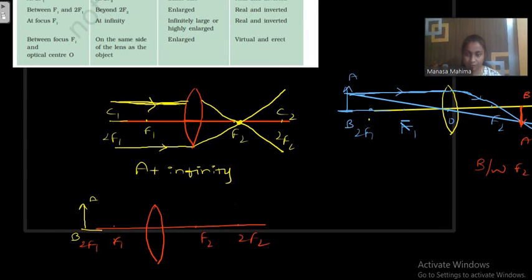For that, we have to consider any two rays. I will take a ray that is passing through F1 and falling here. After refraction, it passes in this direction.